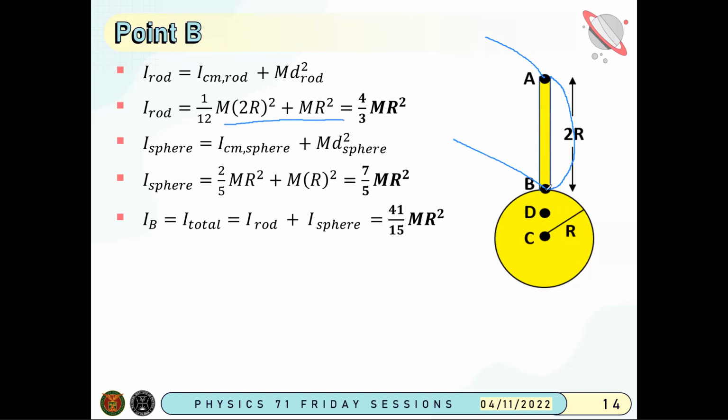However, for the sphere, mag-iiba na, kasi yung distance niya na is just r na lang. Hindi na 3r. So we have 7/5 mr squared. And again, yung total is just the summation or the addition. I-add nyo lang. So magiging 41/15 mr squared. So 4/3 plus 7/5 is 41/15.